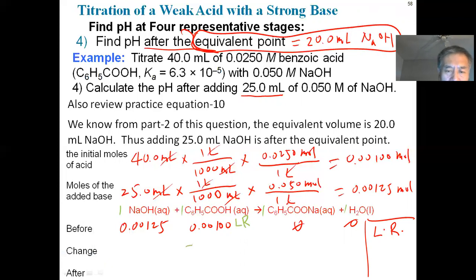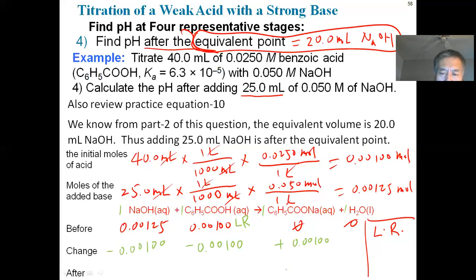So the change will be the initial amount, the initial moles, of the limiting reactant. For the product, that's also a 1:1 ratio, so plus that much.